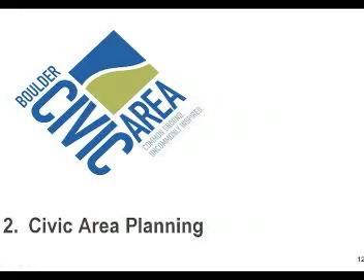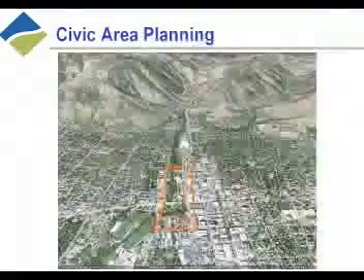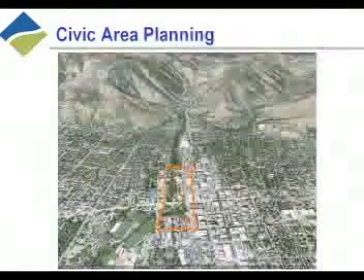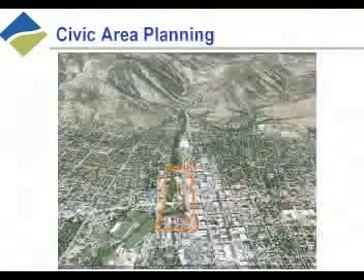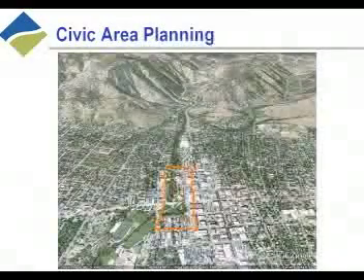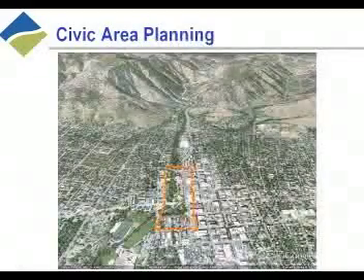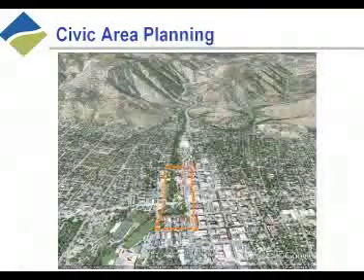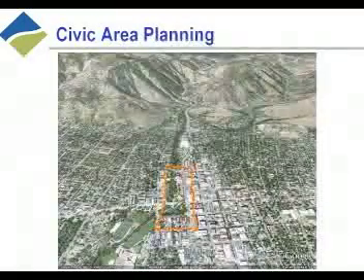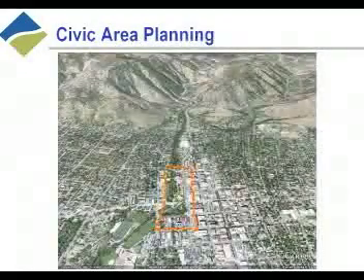So the civic area planning is situated within that context of a long history of planning. As you can see, the site area is located right in the heart of the city. On the right side, you have the downtown center, and Canyon Boulevard, which is the main spine down to the city, is also the main spine to the civic area, which is located just directly to the west.